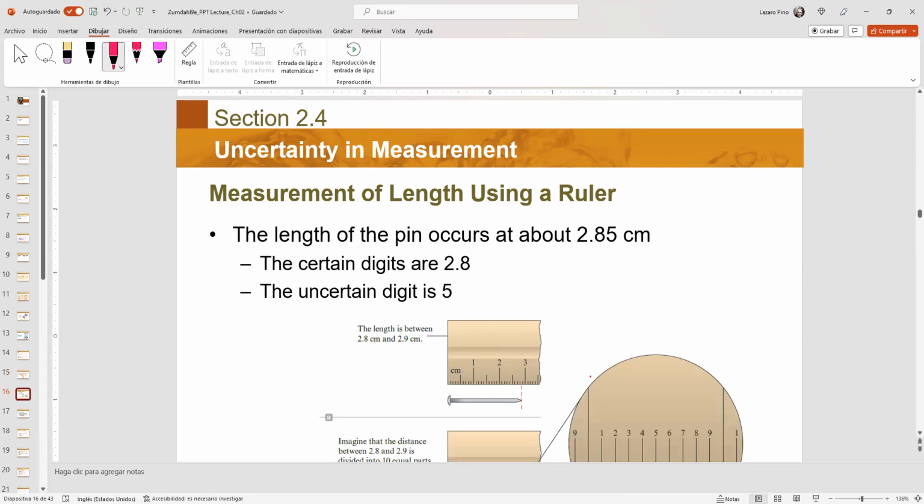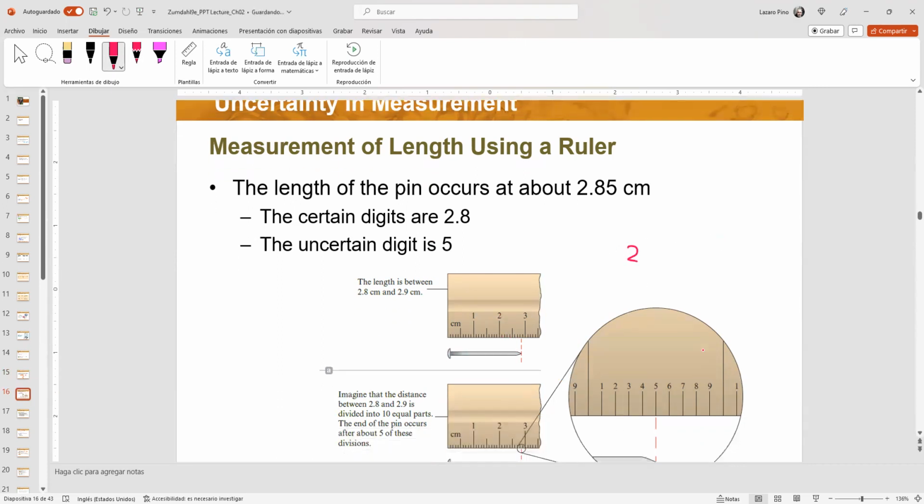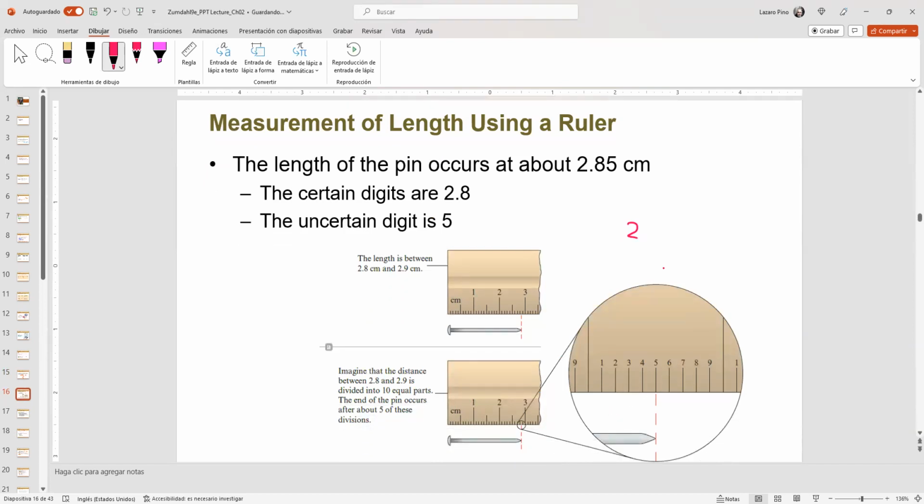Here you have an example of measurement. In this case, this nail for sure is 2 centimeters. But something else, you can see that it is 2.5678, and you're sure that it is 2.8 centimeters. Oh, but it's something else.